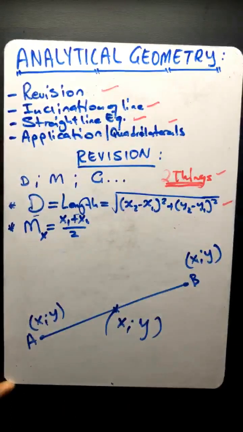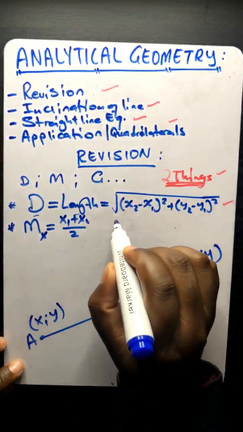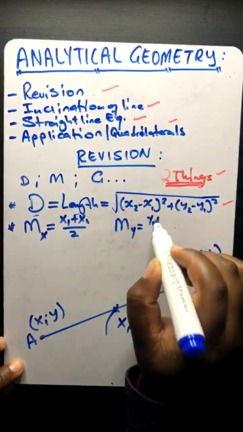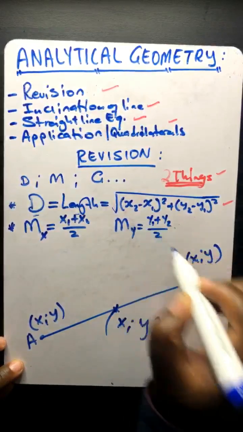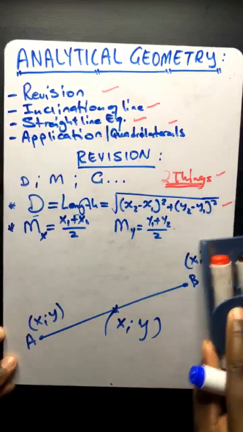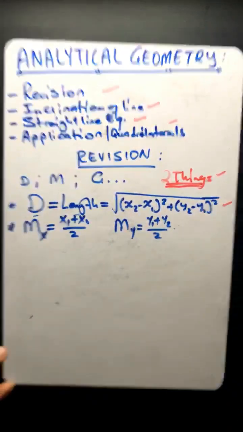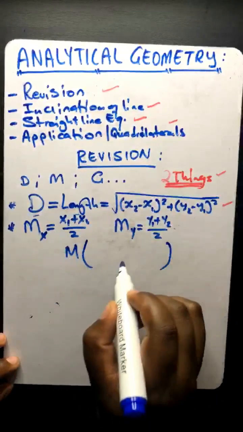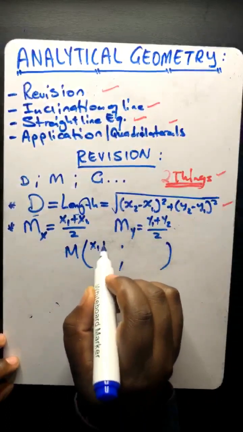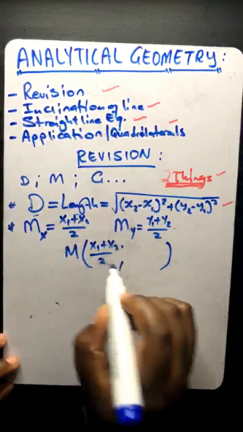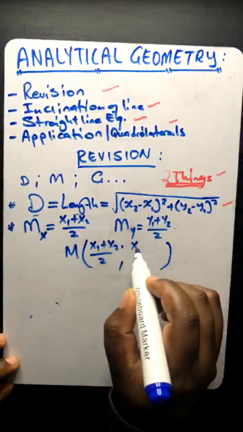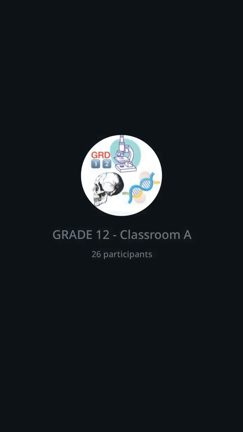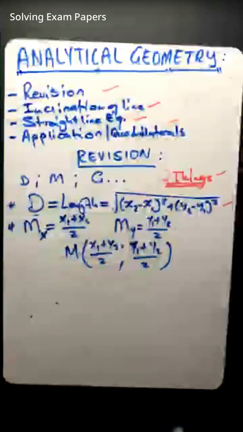Remember, divide by 2. You are also going to have the midpoint of the y value, which is y1 plus y2 over 2. To summarize, for the x value you say x1 plus x2 over 2, and here, y1 plus y2 over 2.